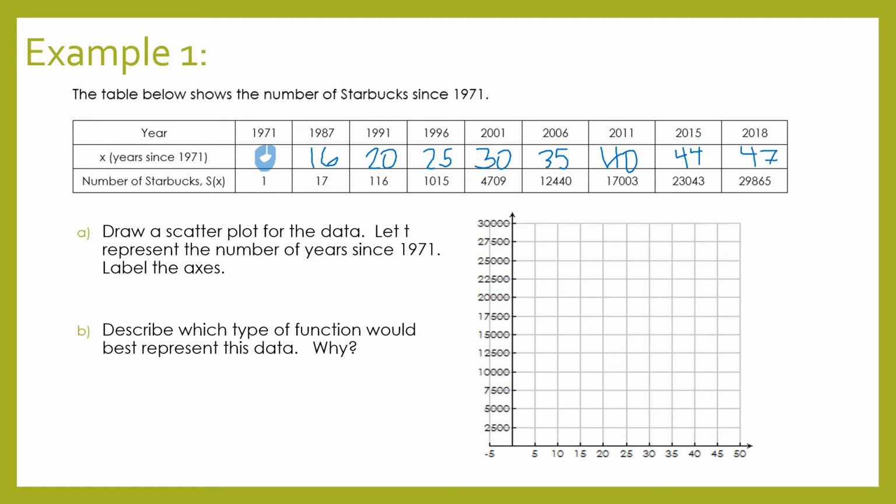So we are going to graph the years since 1971 along our x-axis, and then our number of Starbucks is going to go on our y-axis. So I'm going to try to label these.